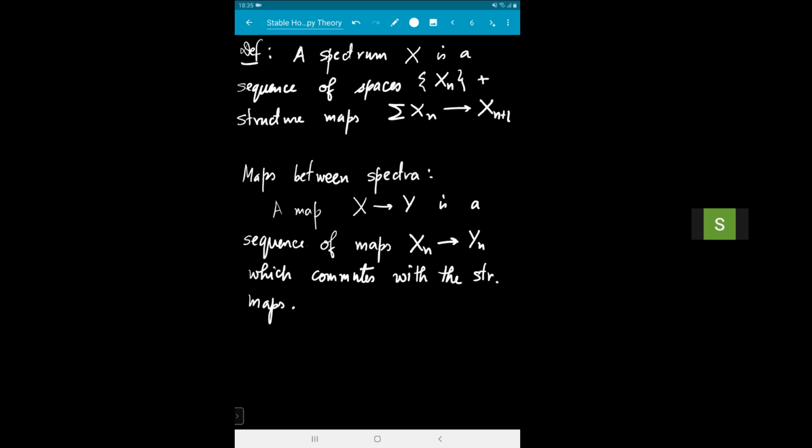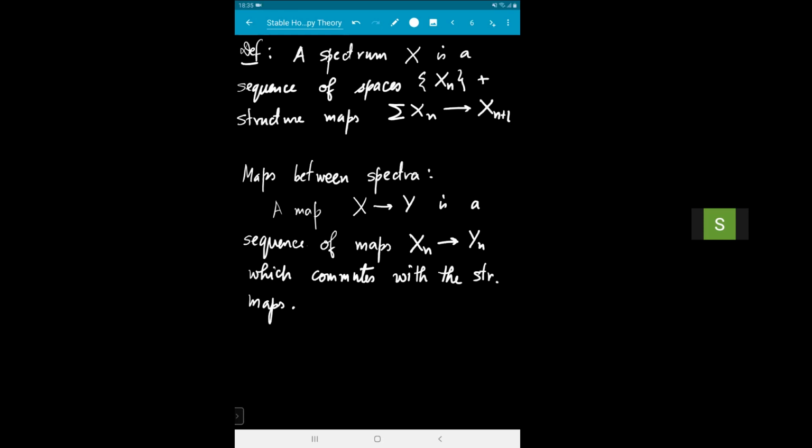Like topological spaces, you cannot take just homotopy classes of maps for any objects. You need to take a CW approximation and then take the homotopy classes of maps between the CW approximations. Something similar you have to do here. So we will wait a little bit before defining the homotopy classes of maps.